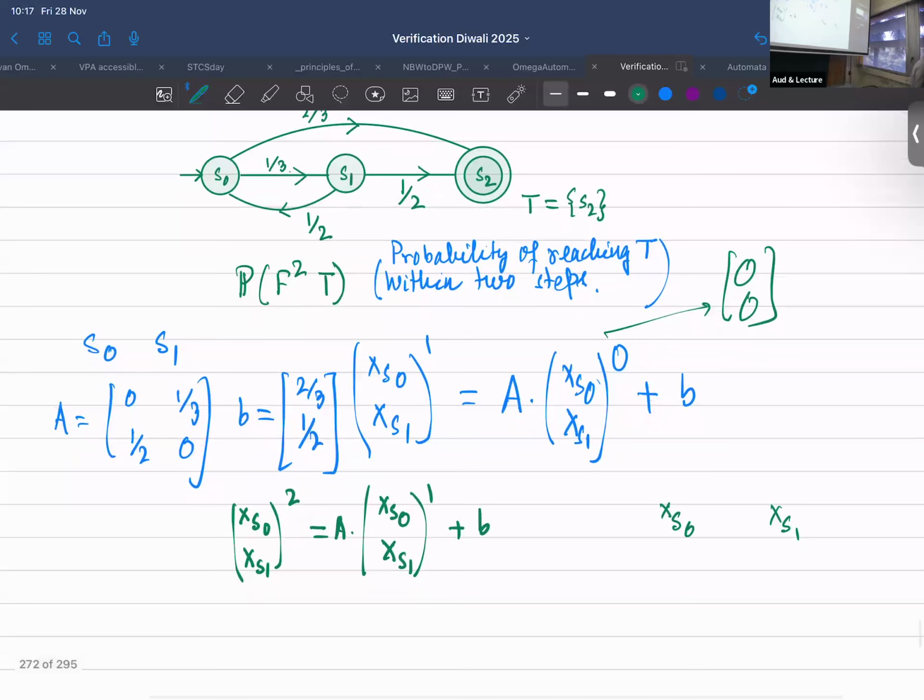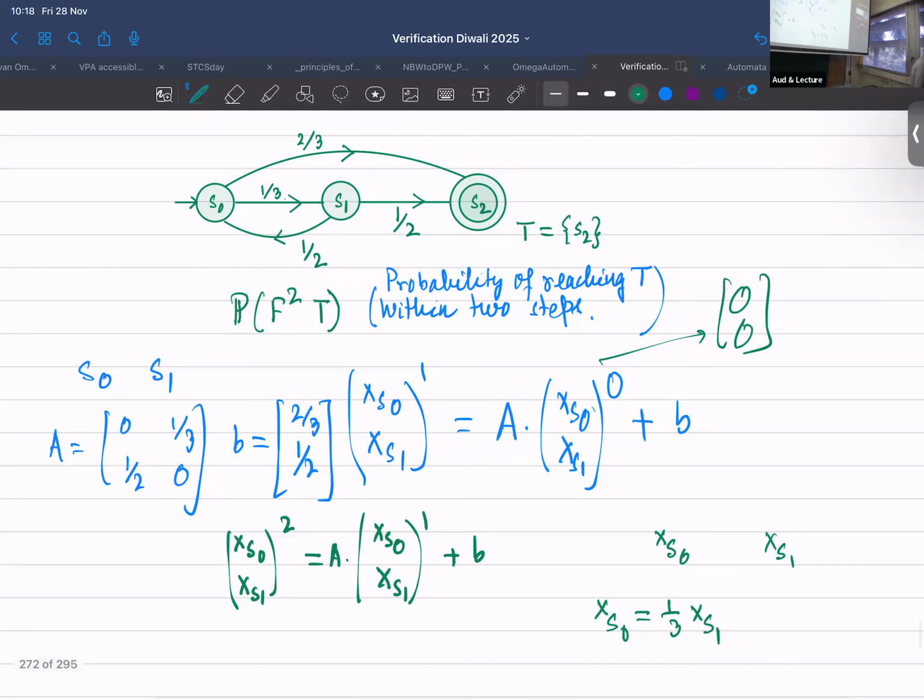So xS0 equals 1/3 xS1 plus something. But I computed the probability to reach S1 from S0, not the probability to eventually reach S2. So I think I got the other way around.